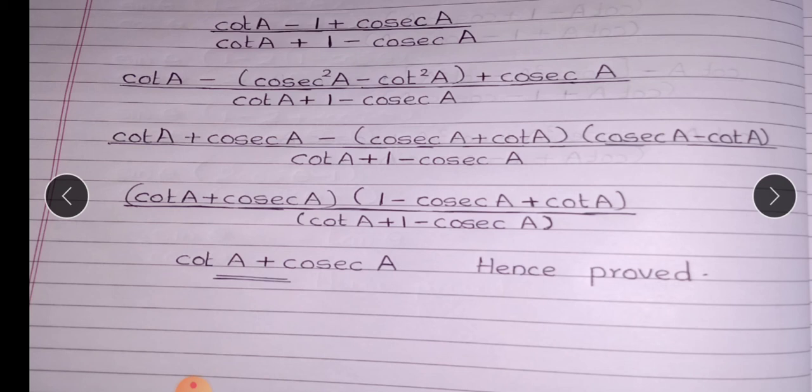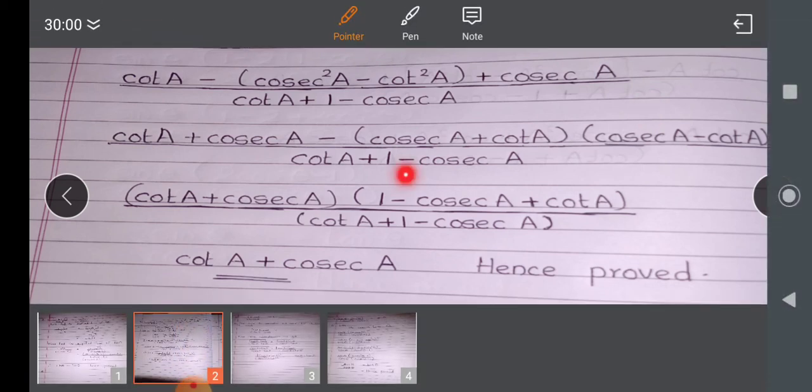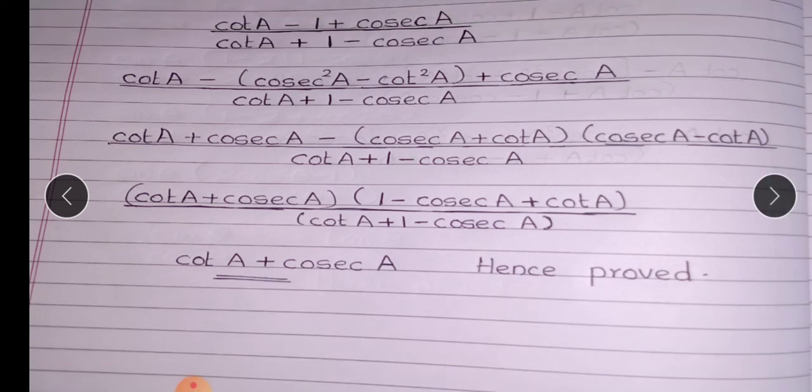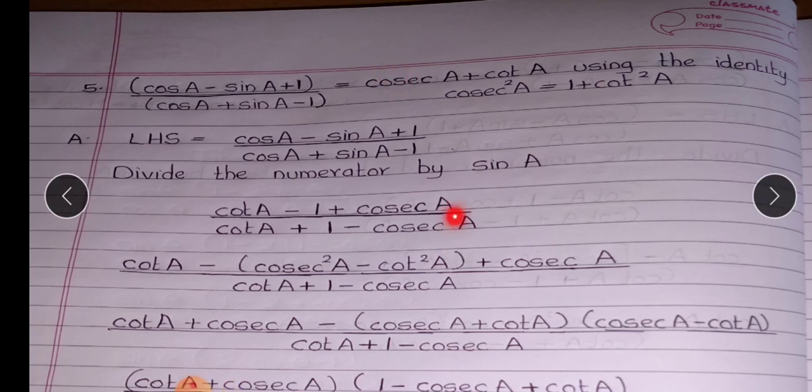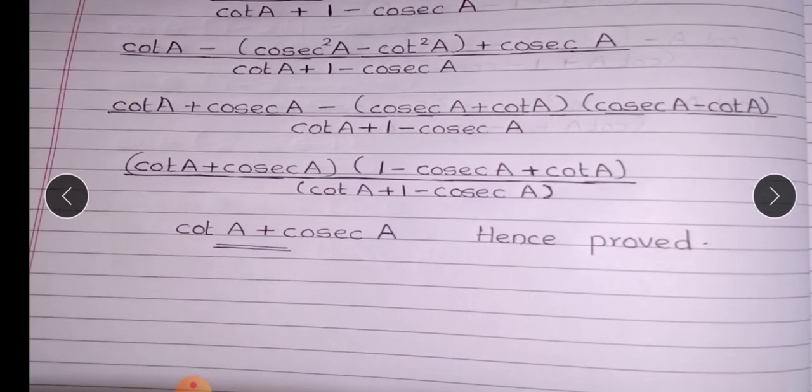So that's why cosec became minus and minus cot A became plus cot A. Now cancelling the common terms, this and this get cancelled. So cot A plus cosec A remains. That is what is your right hand side. So hence proved.